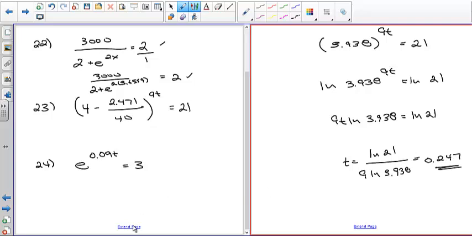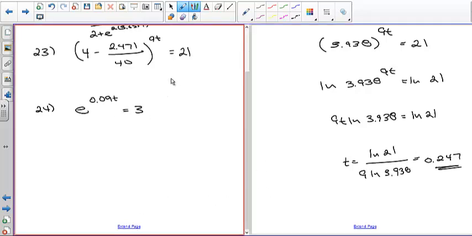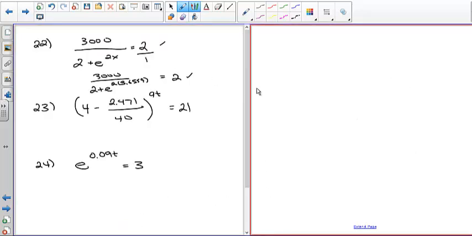And then the last one here is 24. So we've already got this by itself, so that we really don't have to do a whole lot. So you can take the natural log of e to the 0.09t is equal to the natural log of 3.